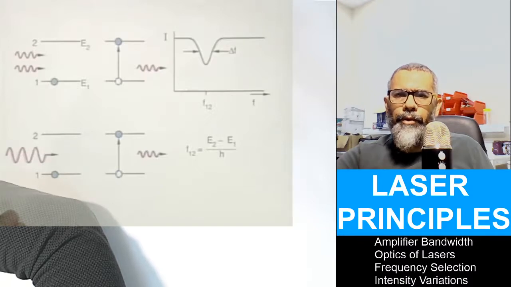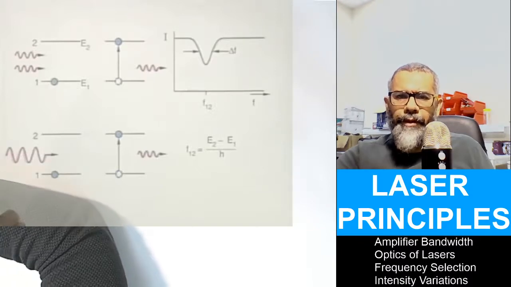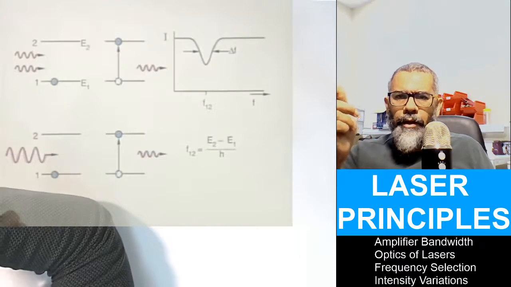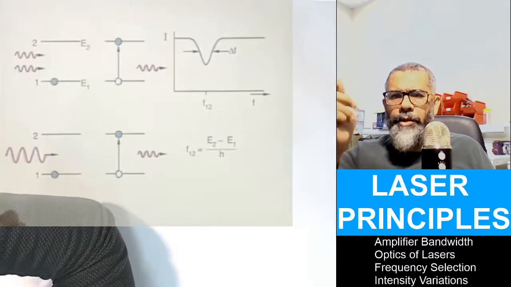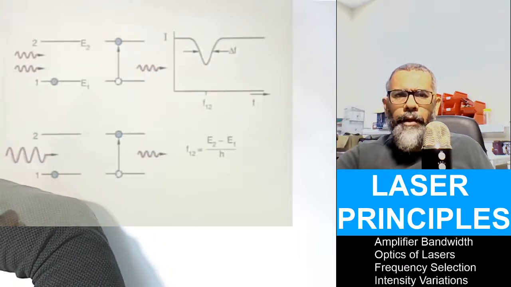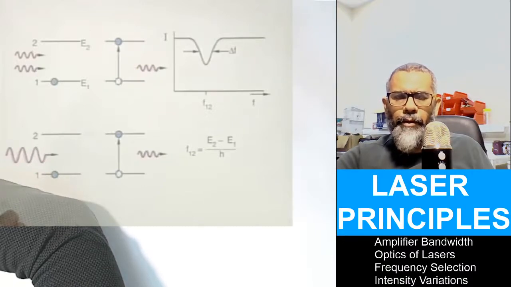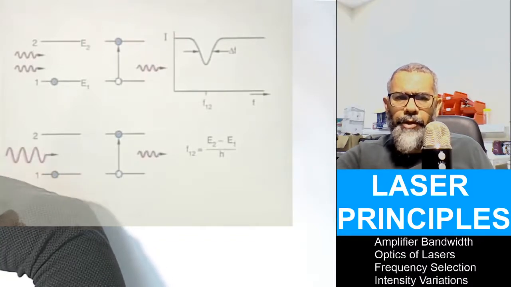This F12 refers to a specific optical frequency, which is equal to the energy difference between these two levels. There is a relation between this frequency and the energy difference between these two levels, given by this equation: F12 just equals the difference between the energy levels of the atom.